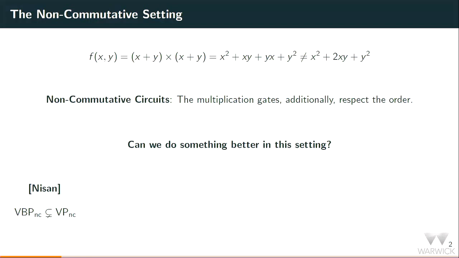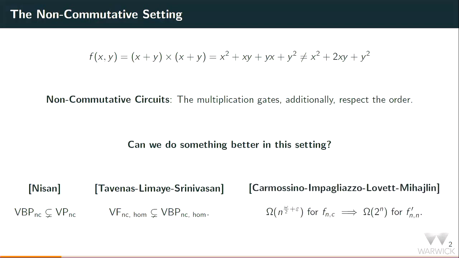We don't know in the general setting, but in the non-commutative setting, we do know an exponential separation due to Nisan. Similarly, the follow-up work that Dipanshu was talking about gives a separation between formulas and ABPs in the non-commutative homogeneous setting. Again, not known in the general setting.